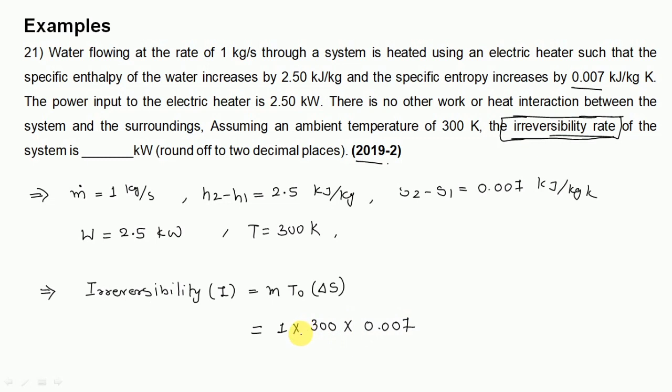Finally, by calculating this, we get the answer 2.1 kilowatt. So this is the term called irreversibility, and we can find it with this equation. We never discussed it, but we can discuss it in the next part too.